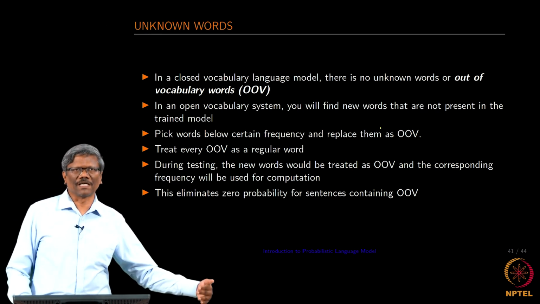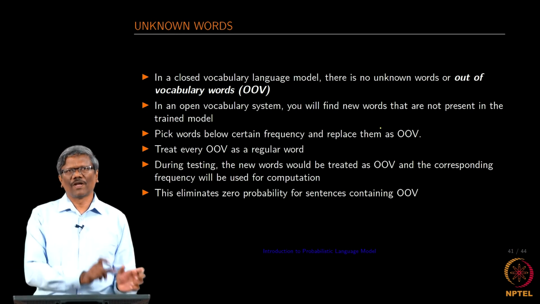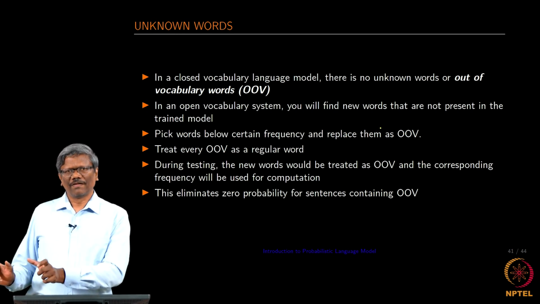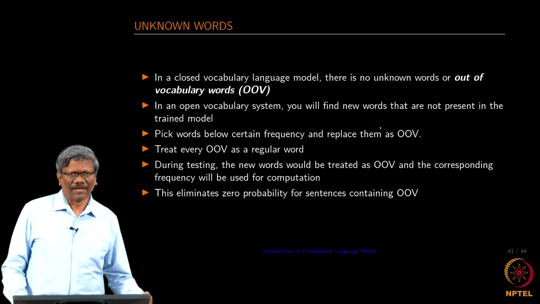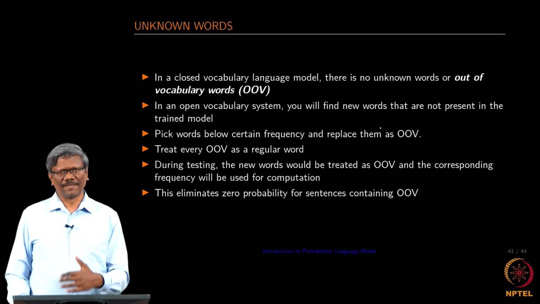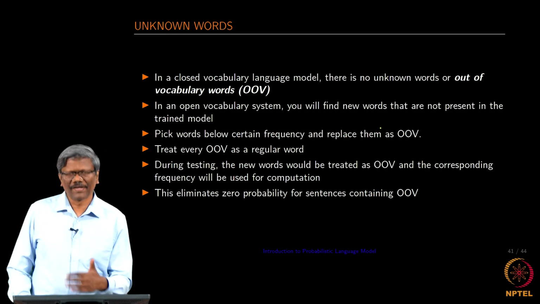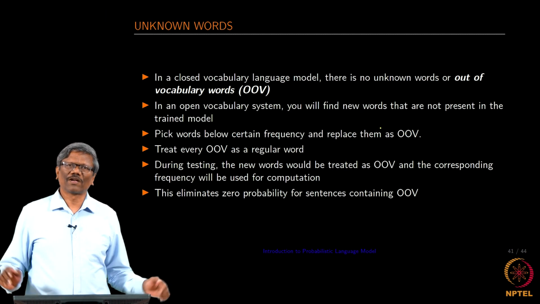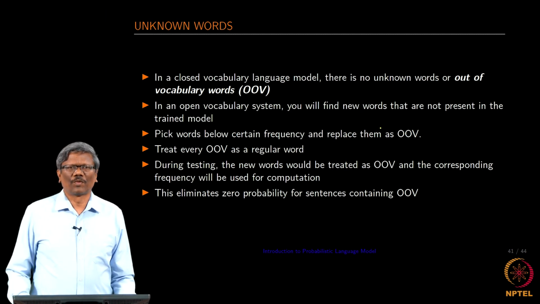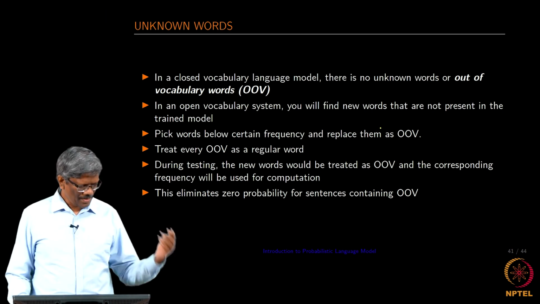When a new word comes, we label it as OOV. Now, this OOV is again available as part of the corpus or the model, and when you use the model which had treated the OOV in the fashion that I have mentioned, we will not have any zero probability for any sentence containing OOV as input.